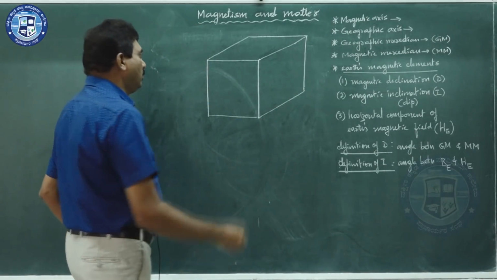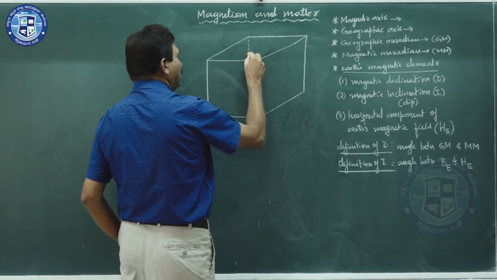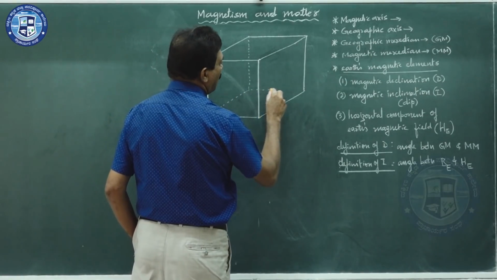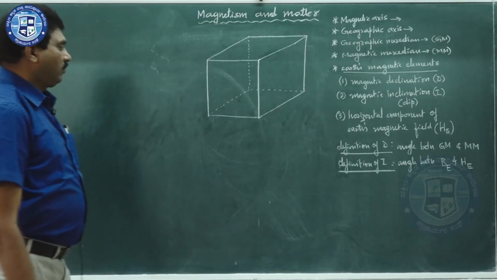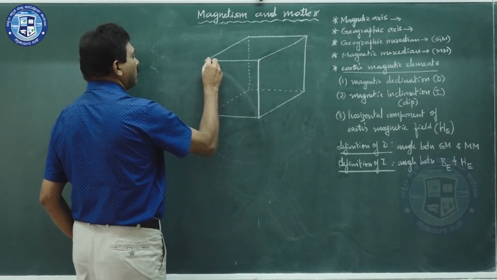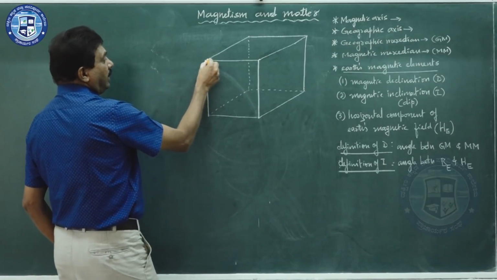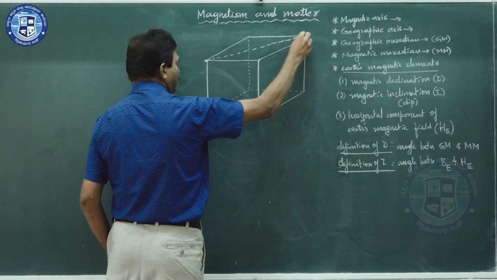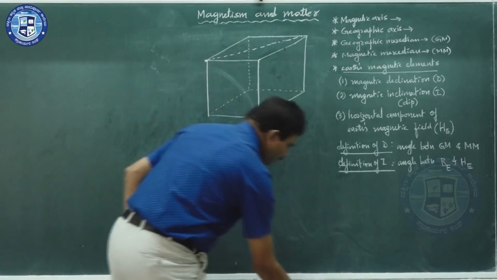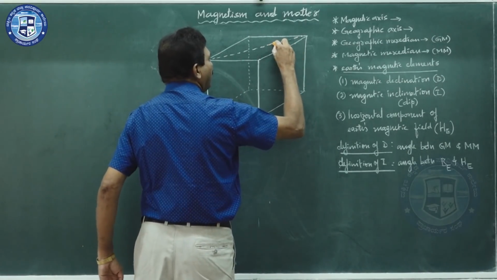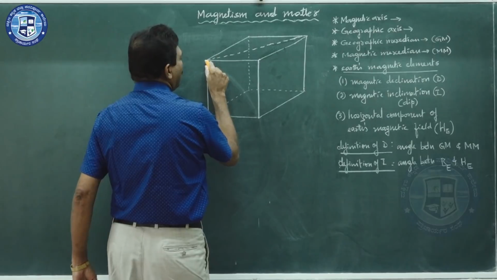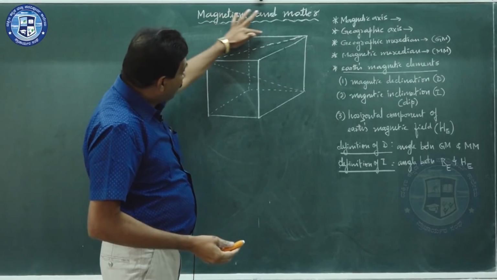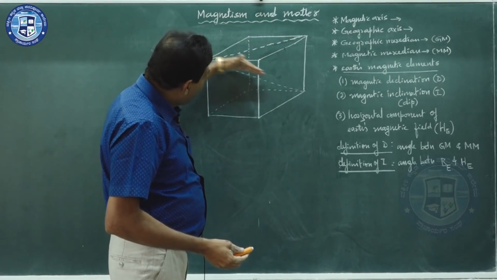Just draw a cube. I will draw the back side face also. This is the diagonal of the top end face. This is the top square face, and this is the diagonal of the cube I am taking.